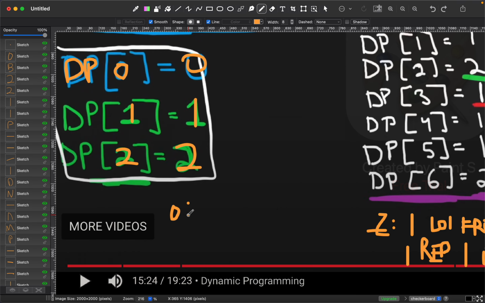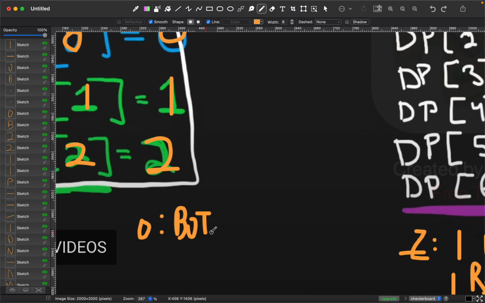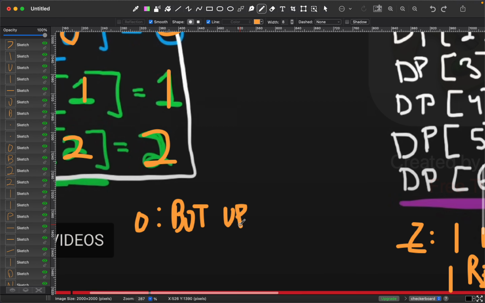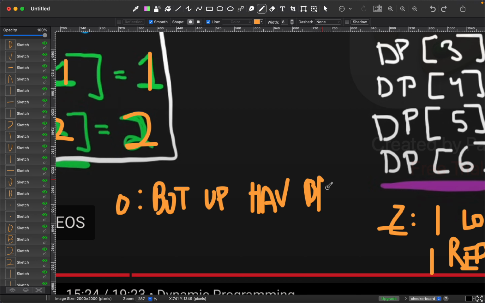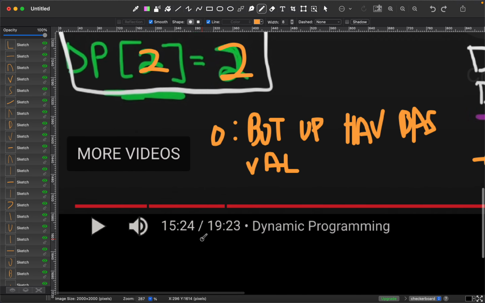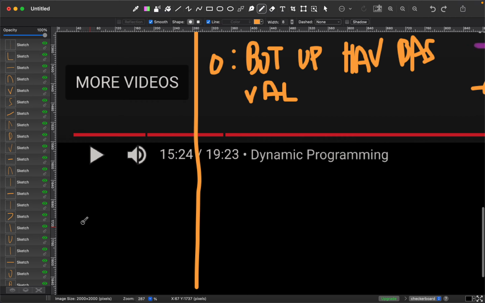Maybe say operation O is saying that bottom up just means that you have a base value. And if you were to argue the opposite end of things, maybe say operation L, you start from top down.